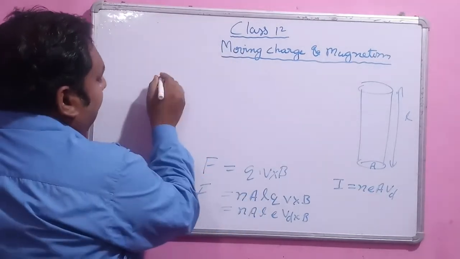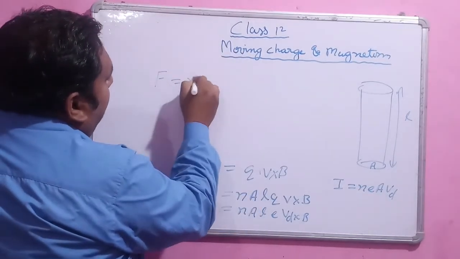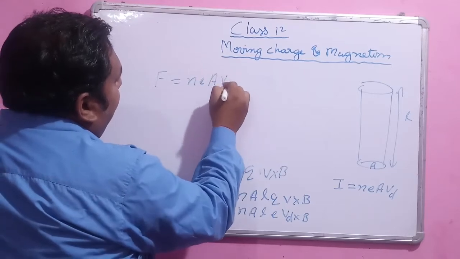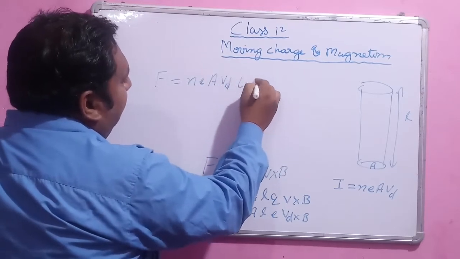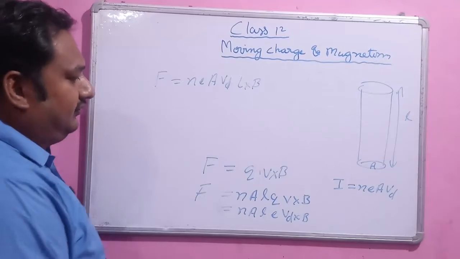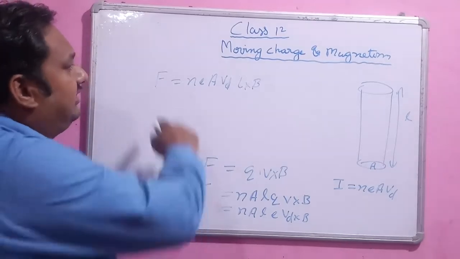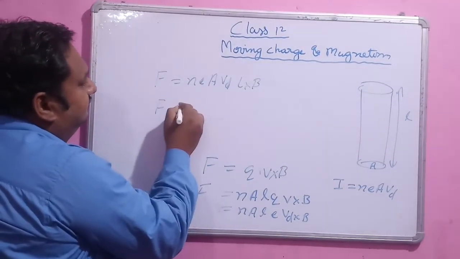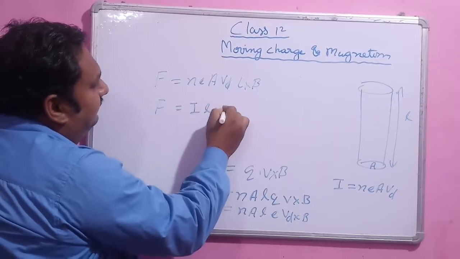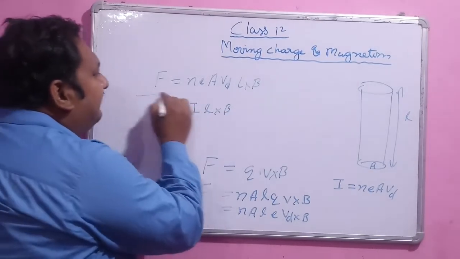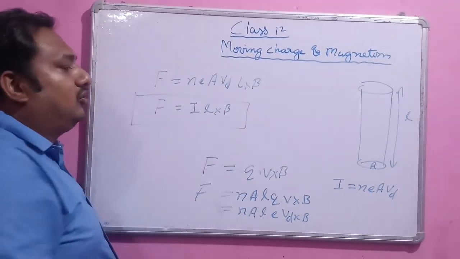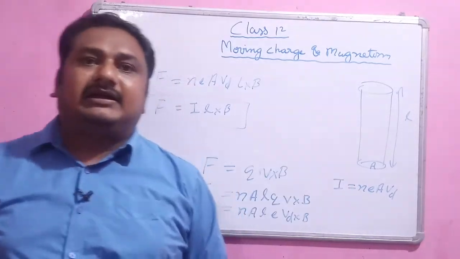Now F equals neA Vd L cross B. We can rearrange this as L cross B. Now neA Vd is nothing but I, so F equals I L cross B. That is the force we can obtain in a current carrying wire.